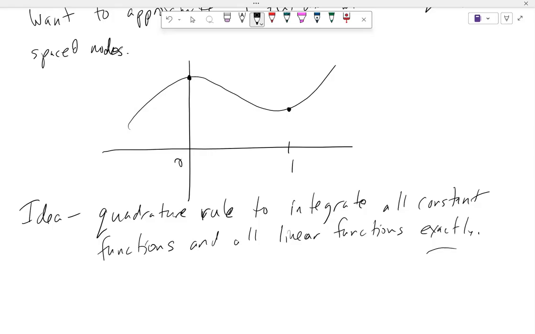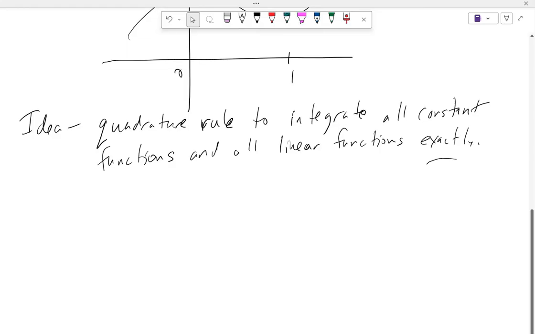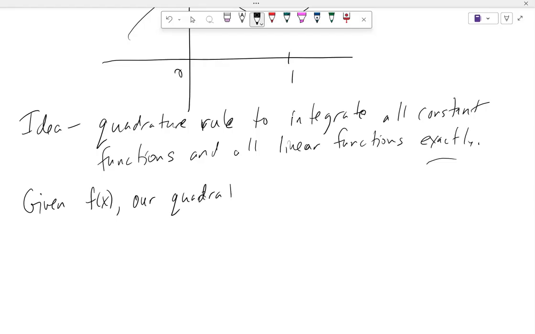All right, so let's think about what this implies. Given f of x, our quadrature rule in this case looks like w1 times f of 0 plus w2 times f of 1.